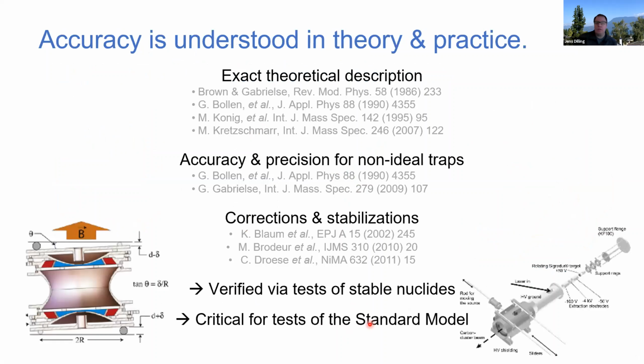So the other thing that is very, very powerful besides counting frequencies is that the motion is extremely well understood. And that's true in theory and in practice. We've converted a nuclear physics measurement to an atomic physics measurement, because the motion behaves exactly the same, whether this is a stable particle or a radioactive particle.